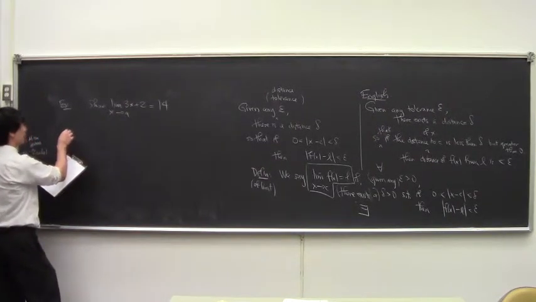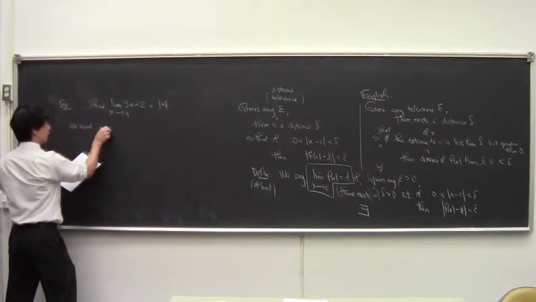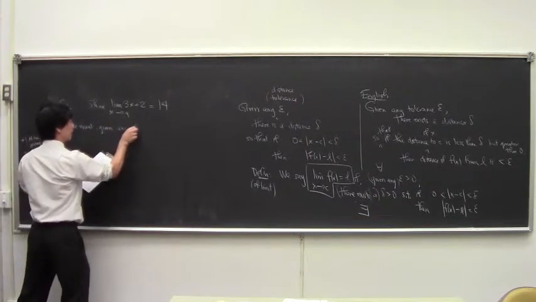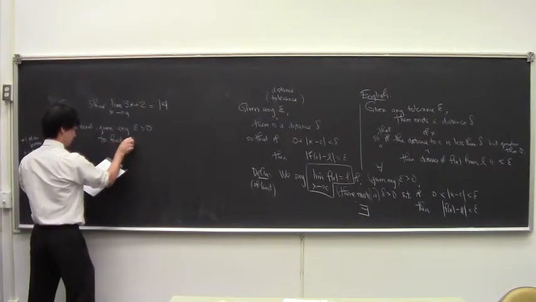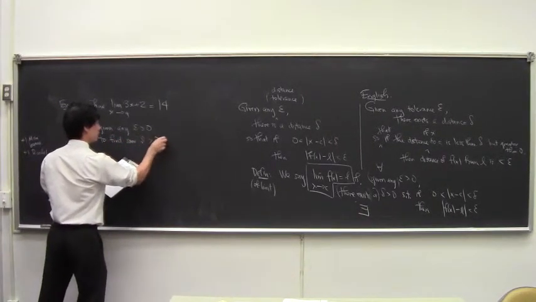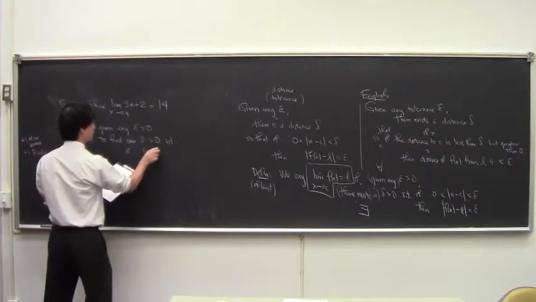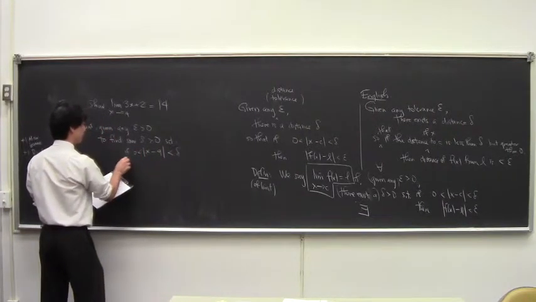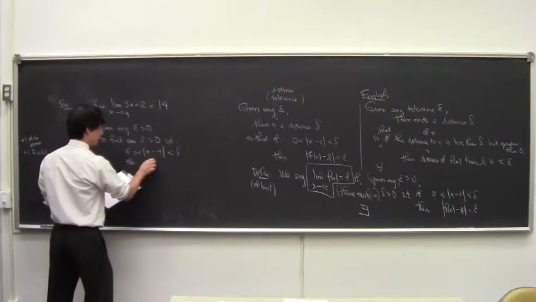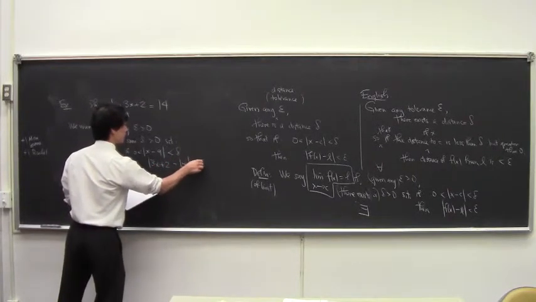So here's the game. We want, given any epsilon, to find some delta so that, as before, if the distance of x from 4 is less than delta and greater than 0, then the distance of 3x plus 2 minus 14 is less than epsilon.